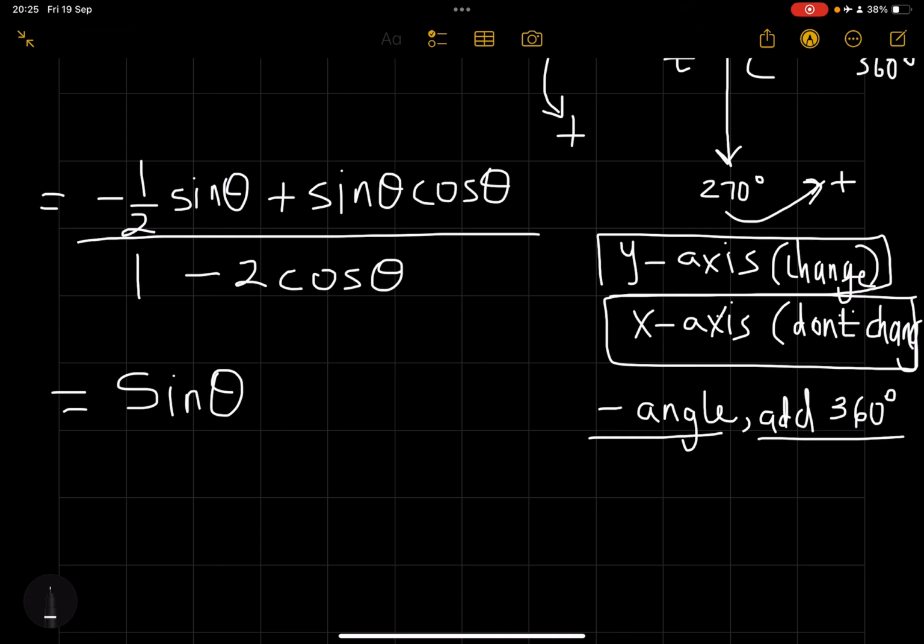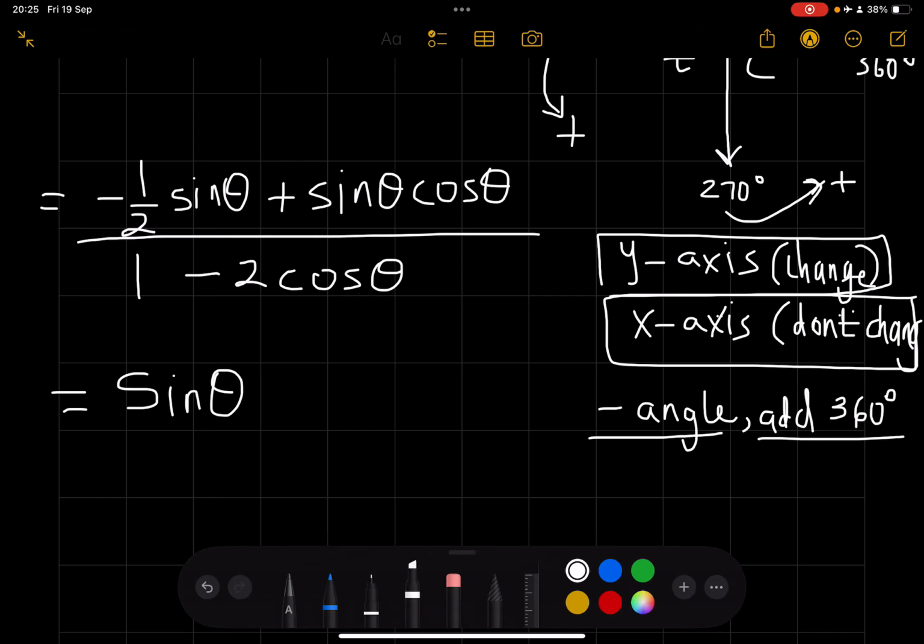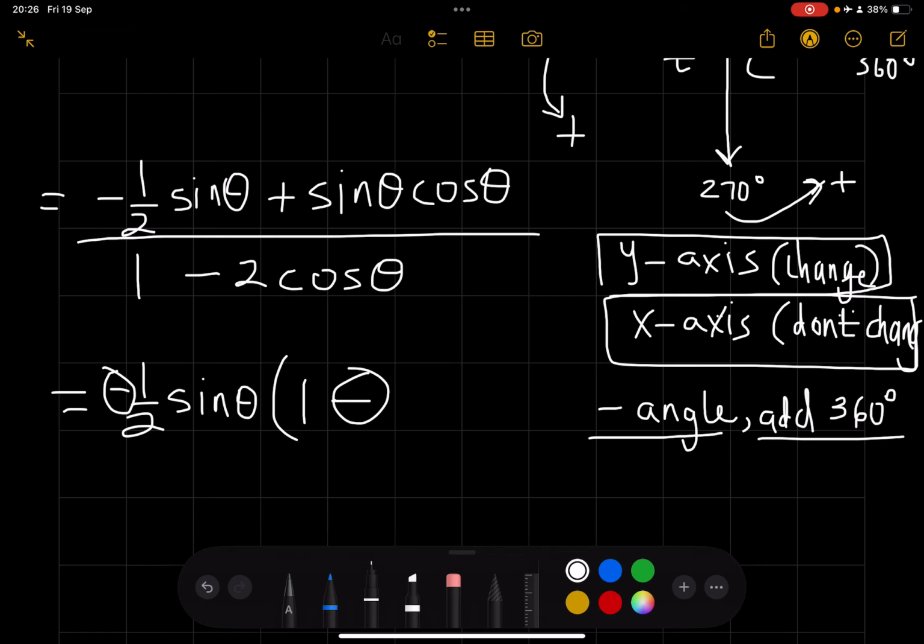Actually let's take the half out as well. I'm going to take the negative half out. So negative half sine theta is the common factor. Here we're going to be left with 1. And then because we're taking a negative, we're going to have a minus there, so that negative and negative will still give us that positive.